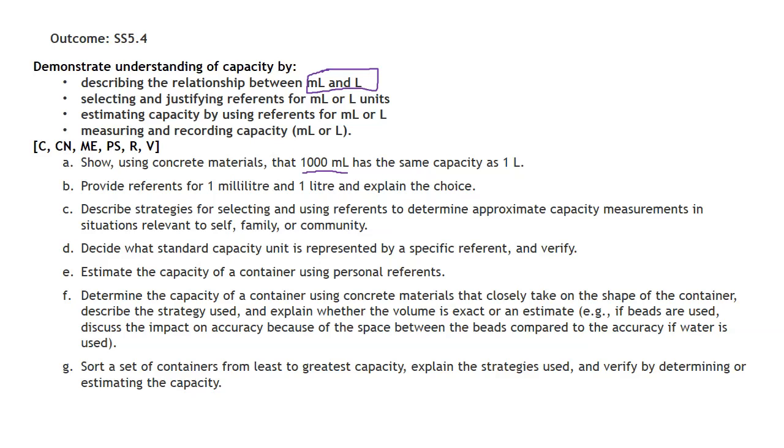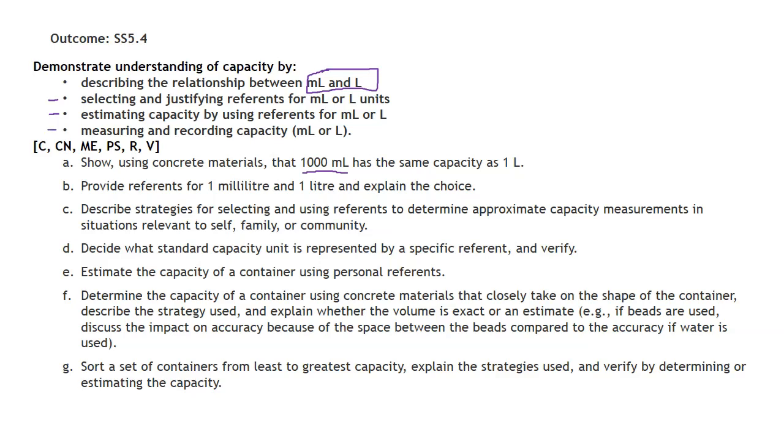The next one is selecting and justifying a referent. And a referent, again, is just an object that we have around us that is handy to compare that measurement to. And so I've got some pictures coming up. I can show you some reference for milliliters and liters. And then to be able to look at an object and say, I think that is about 50 milliliters, or I think that's about 8 liters, because you know how big 1 liter is and you have a referent in your mind.